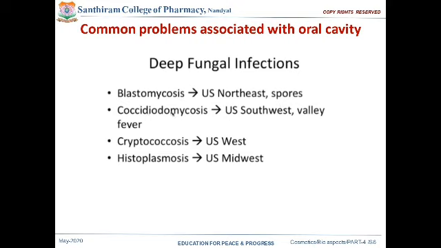Coccidioidomycosis, that's a tough one to pronounce, is in the U.S. Southwest and also known as valley fever, cryptococcosis in the U.S. West, and histoplasmosis in the U.S. Midwest, like the Ohio and Mississippi River valleys. All these are relatively rare and pretty destructive if they really do some damage.